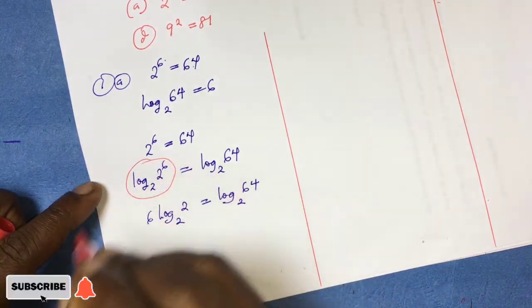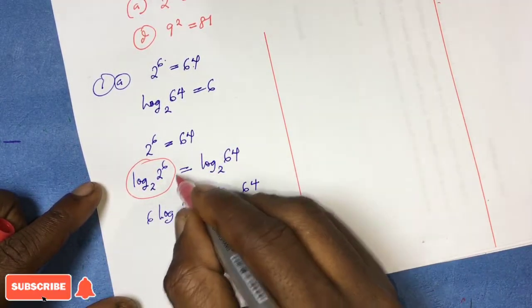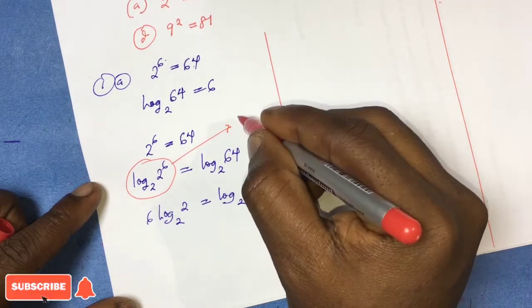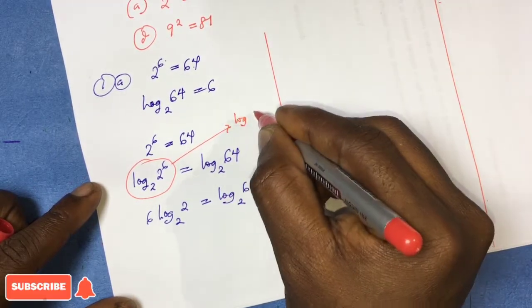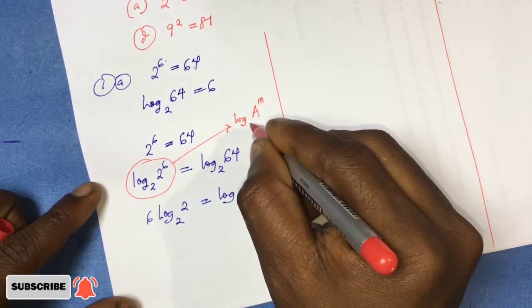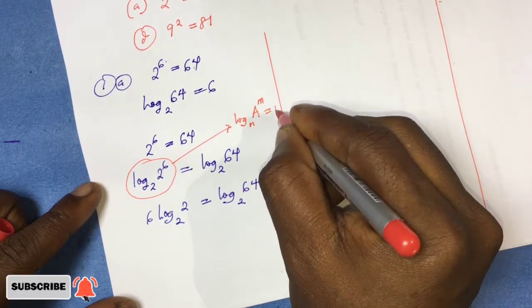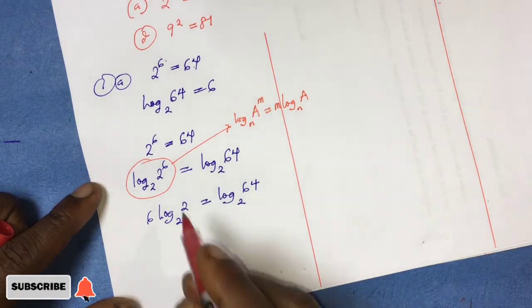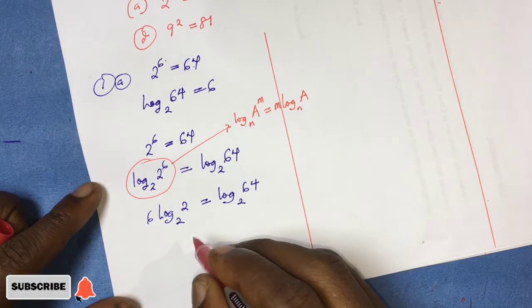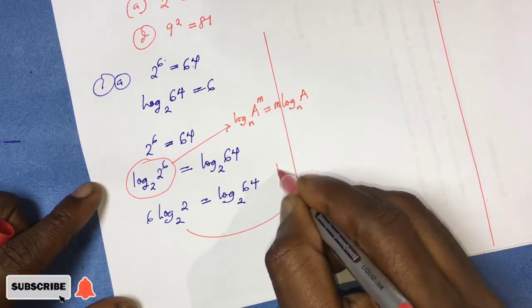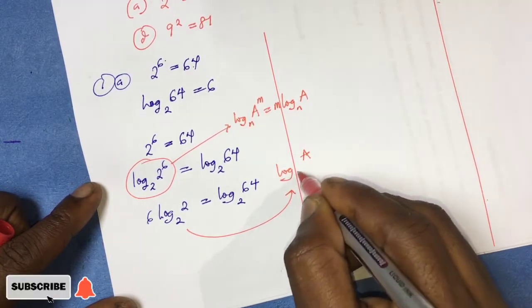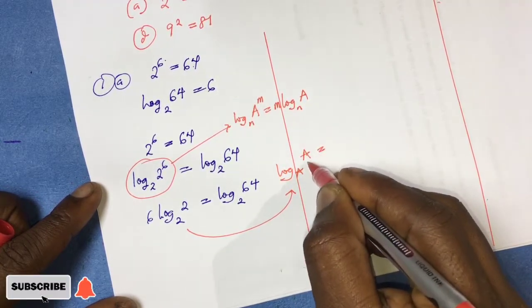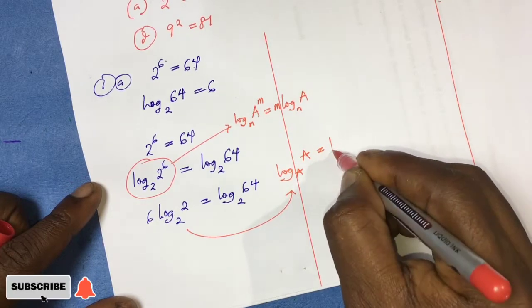What we have just done here is to apply the law of logarithm that says the log of a raised to the power m in a base n is the same as m times the log of a in that base n. So that's the law we applied here. We are going to apply another law, the law that says the log of a in base a, the log of a number to that same number as its base, is 1.